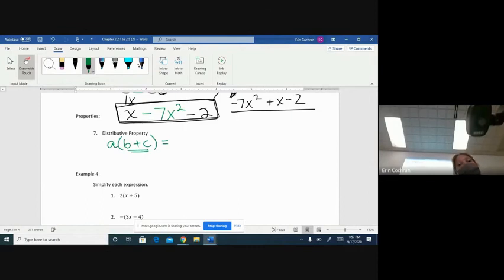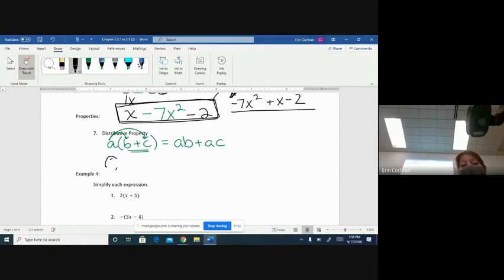I can't add B plus C because they're not like terms, they're different variables. So to remove those parentheses, I take this outside number and I multiply it to everything on the inside. So I'm gonna take A times B, which is just AB. You can always multiply unlike terms, you just can't add and subtract. And then A times a positive C becomes a positive A times C, okay? Always, always, always watch those signs, okay?